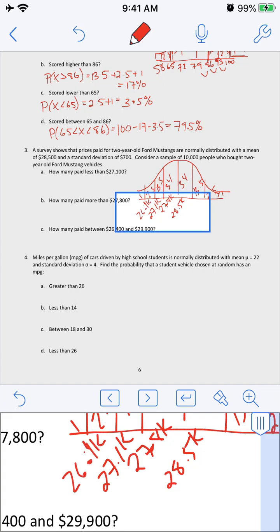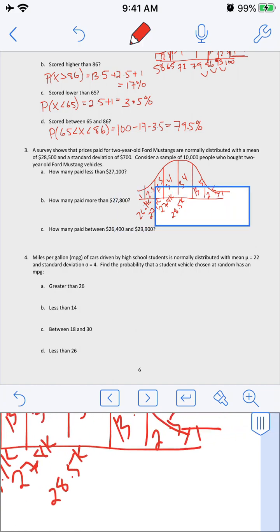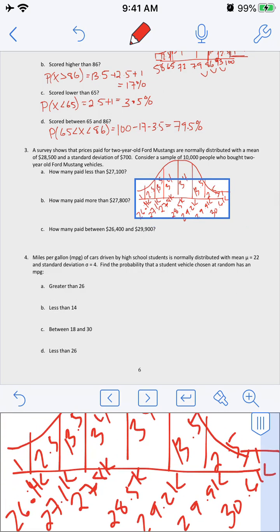You did not have to use the K system. You can write $26,400, but I just think it's, obviously with my stylus, a little hard to fit that in. Going up, we see 29.2K, we see 29.9K, and 30.6K. Okay, we have the normal curve.